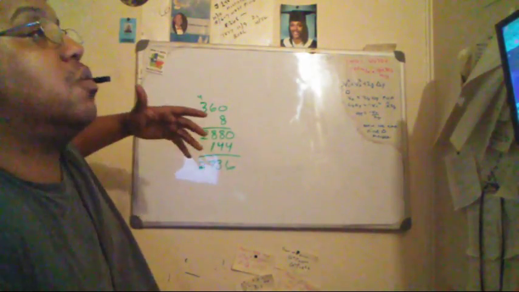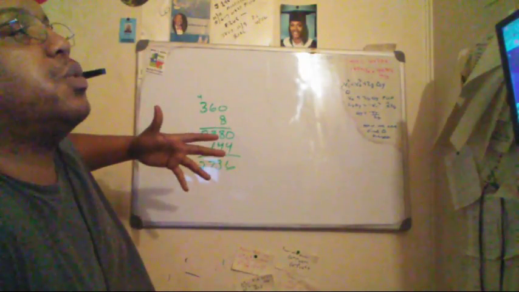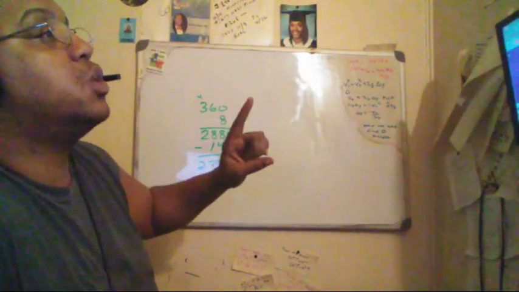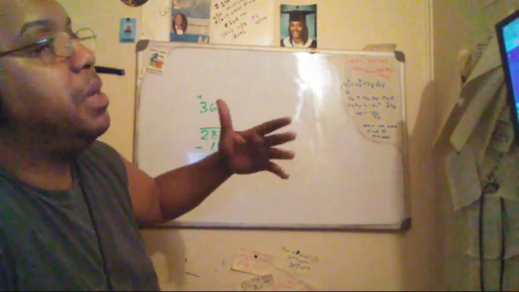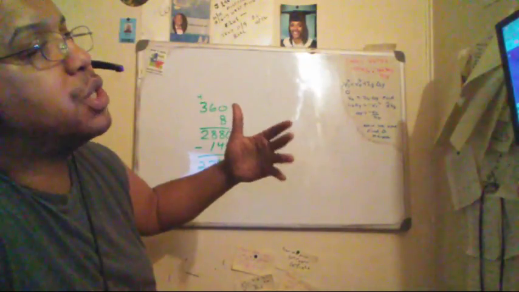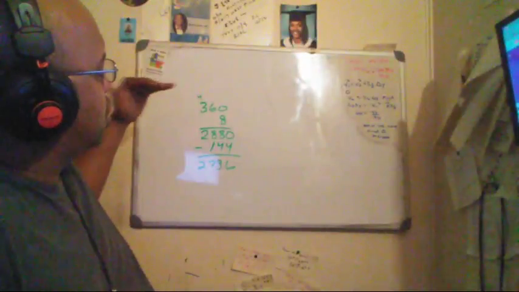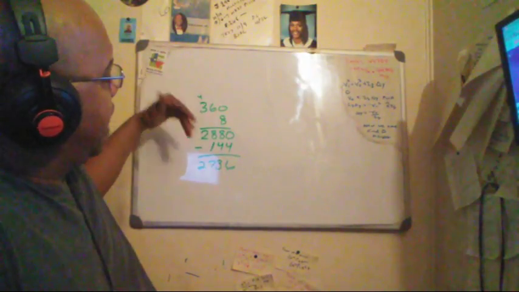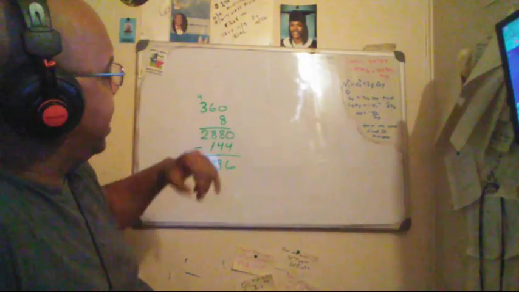All right, so the question stated that 3 workers assembled 360 switches per hour, but 5% of the switches are defective. How many good, meaning non-defective switches, will these workers assemble in an 8-hour shift? Well, let's look at how many they will totally make in an 8-hour shift, which is 2,880 switches.